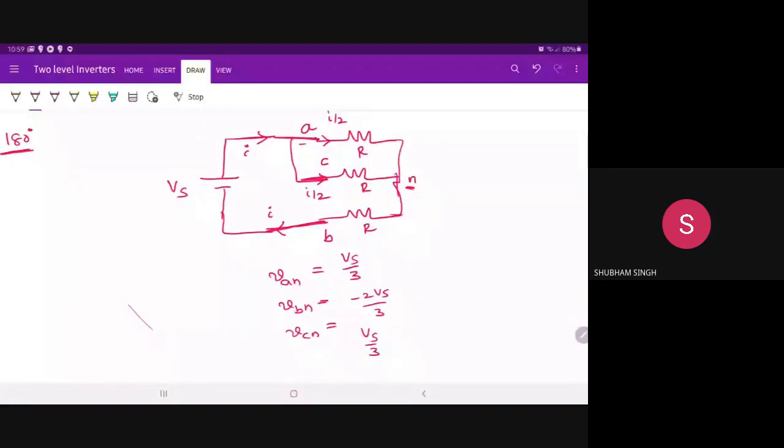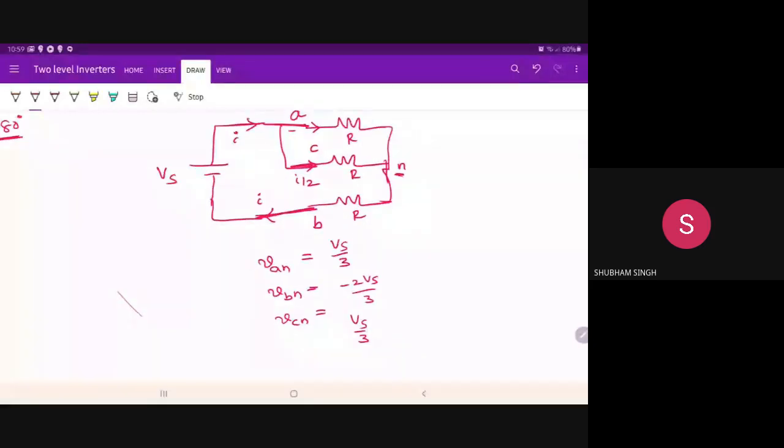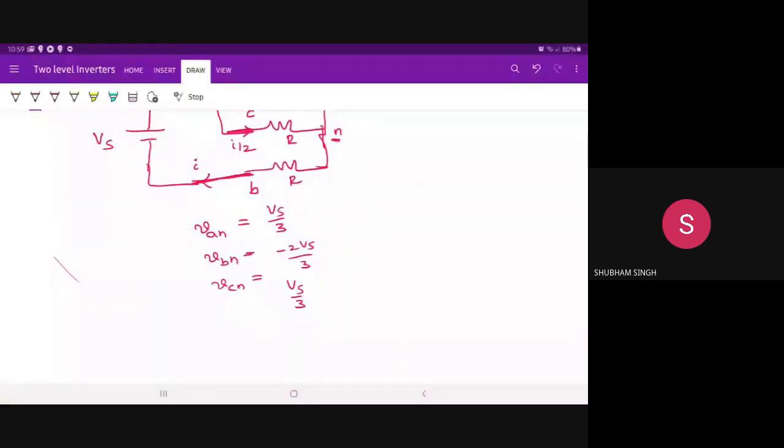Since the current is flowing in the opposite direction, you get a negative sign in the B phase, that is VBN is negative. Clear? If you complete this, something like this you will get.